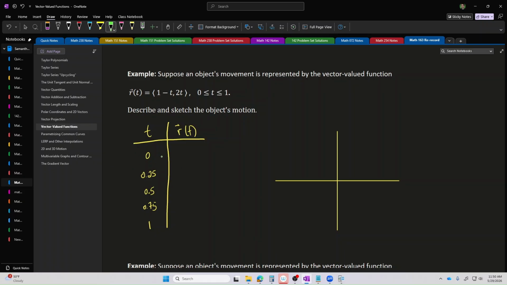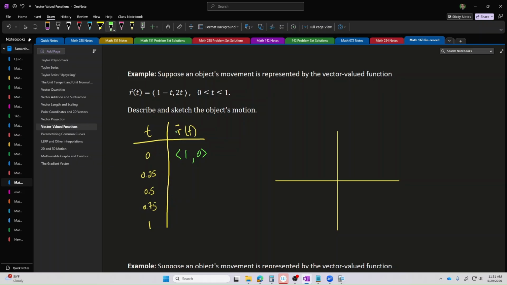So for example, when t is equal to 0, if I take that t value and plug it into this function, the result is the vector 1 minus 0 and 2 times 0.